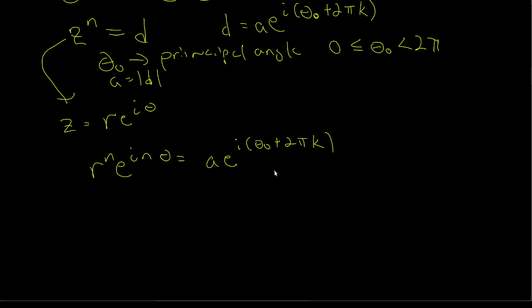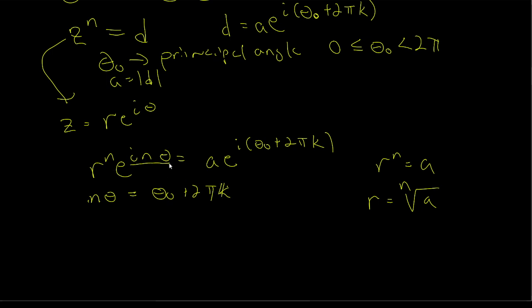If we take the absolute value of both sides, we get this. And if we solve this, then we get r is the nth root of A. So we know the magnitude right away. And if we look at the angles then, solving for n theta, that's going to be equal to theta naught plus 2 pi k.